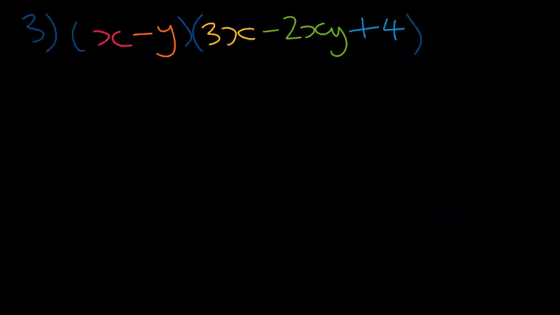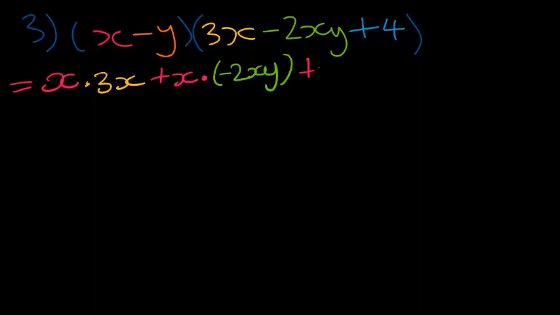Question 3, x minus y multiplied by 3x minus 2xy plus 4. So our first term is going to be x times 3x plus x times minus 2xy plus x times 4.